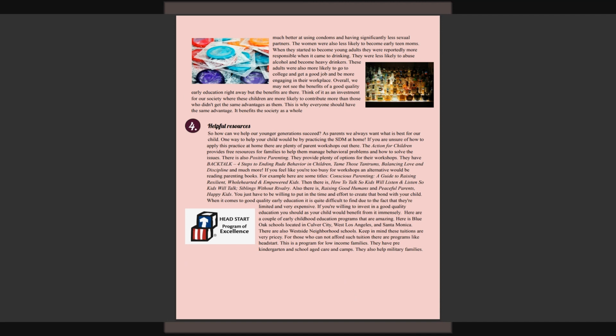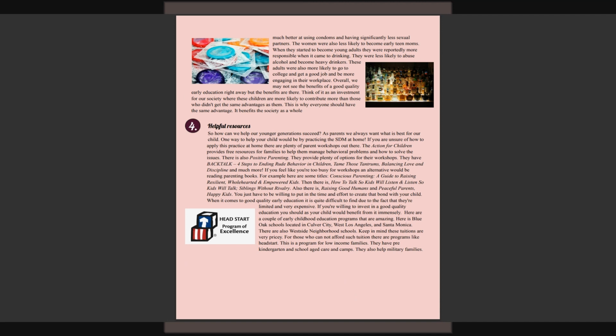When they started to become young adults, they were reportedly more responsible when it came to drinking. They were less likely to abuse alcohol and become heavy drinkers. These adults were also more likely to go to college and get a good job and be more engaging in their workplace.